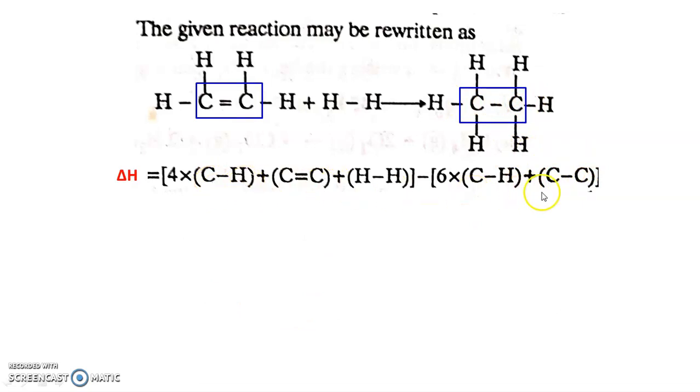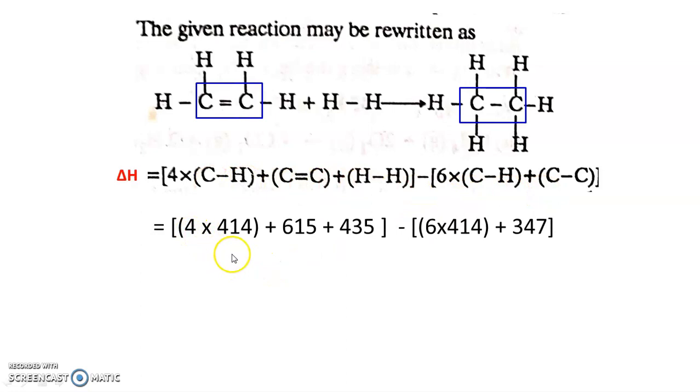We know value of these, so substitute the values. 4 into 414 plus 615 plus 435 minus 6 into 414 plus 347. When we solve, the answer is minus 125 kilojoule per mole. So this is the enthalpy change, delta H.